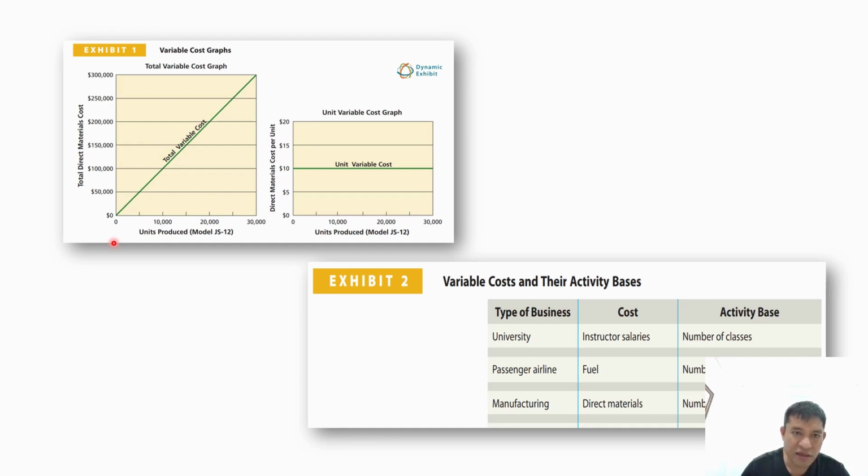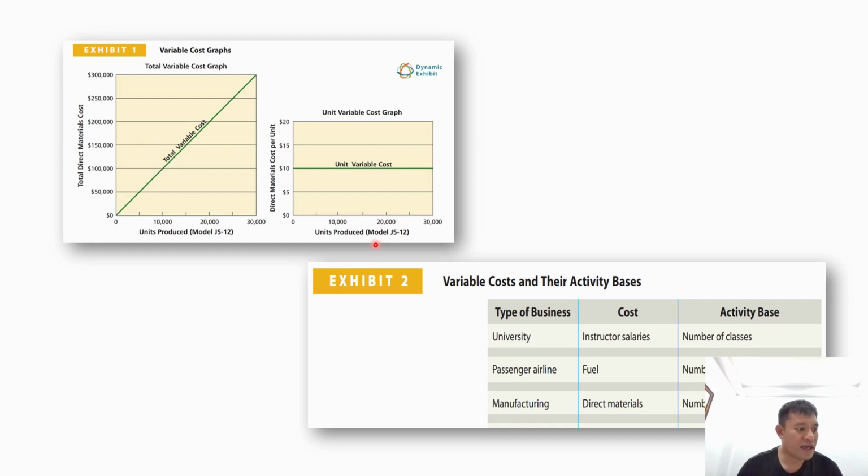So notice here that as the units produced increases, the total cost also increases. So this is directly proportional. Meanwhile, for the graph, units produced versus the direct materials cost per unit, the direct materials cost per unit remains the same regardless of the increase of the units produced.